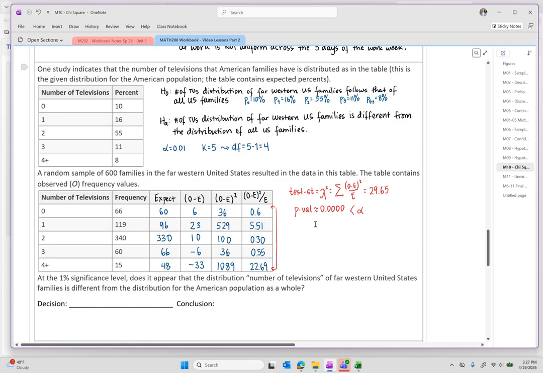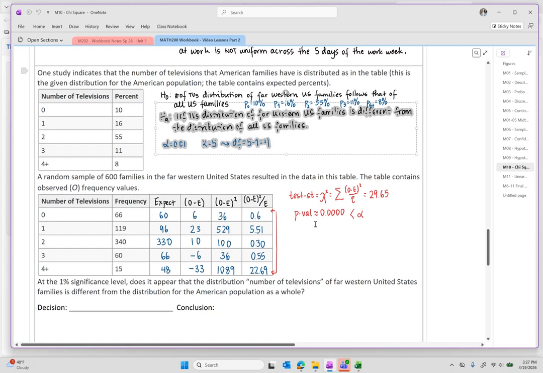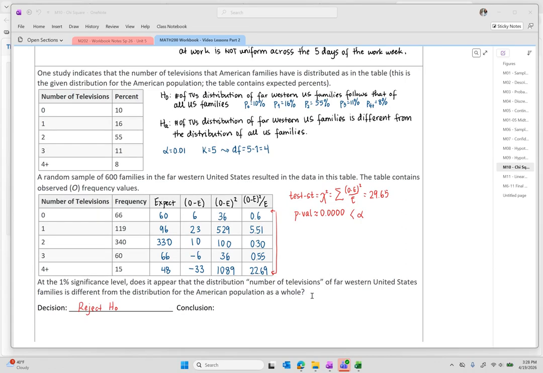It indicates that it is a very unlikely situation that this particular sample of 600 families could have come from a distribution of TVs that agrees with the whole US American population, and therefore we can now reject the null hypothesis.